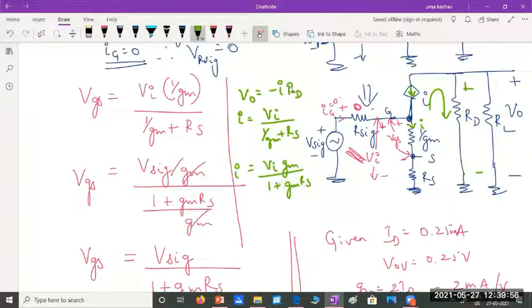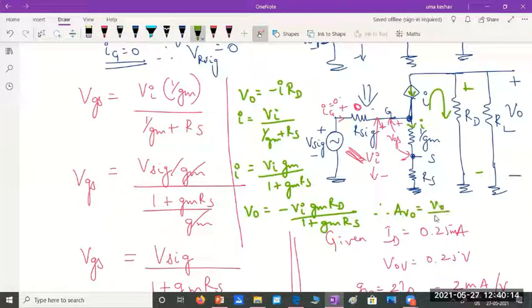And you substitute this I here, you'll get V naught is equal to minus Vi Gm Rd divided by 1 plus Gm Rs. Bring this Vi to the other side. Therefore, you'll get open circuit voltage gain V naught by Vi, which is minus Gm Rd by 1 plus Gm Rs. See, all these steps we have done.